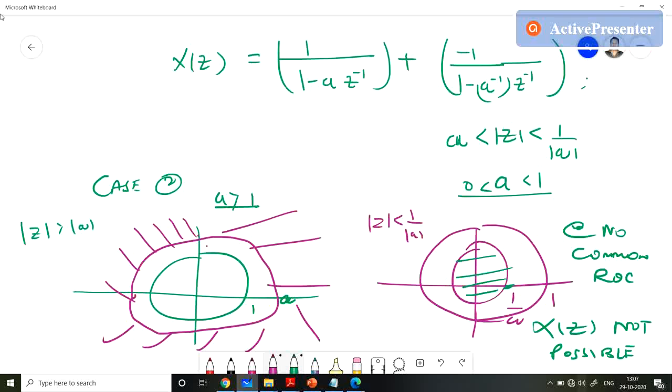Since a is greater than 1, the circle of modulus z equals modulus of a is larger than the unit circle, and this is the ROC. This is the exterior because this is a causal signal, and here we have a non-causal signal. So this is the interior, and of course there is no common ROC. So when a is greater than 1, the z-transform is not possible. So this is the summary of this problem.